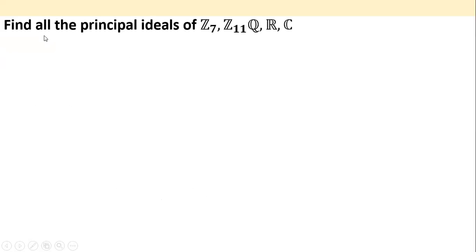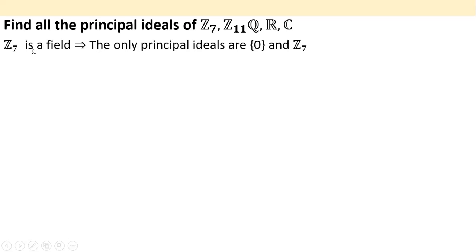Similarly, we can see the principal ideals of Z7, Z11, Q, R, and C, where Q is the set of rational numbers, R is the set of real numbers, and C is the set of complex numbers. Z7 is a field, so the only principal ideals are 0 and Z7.